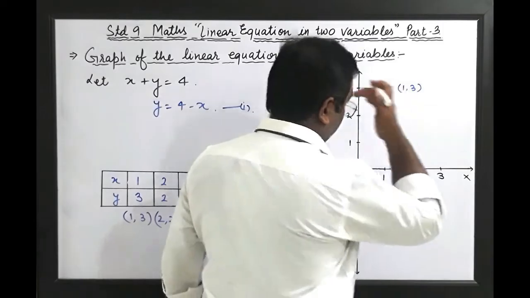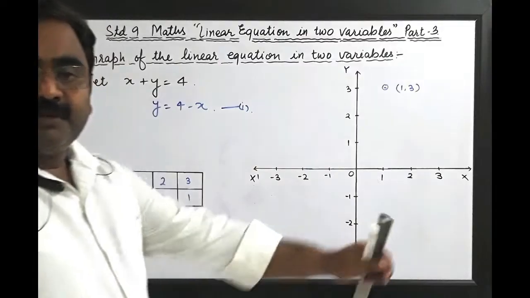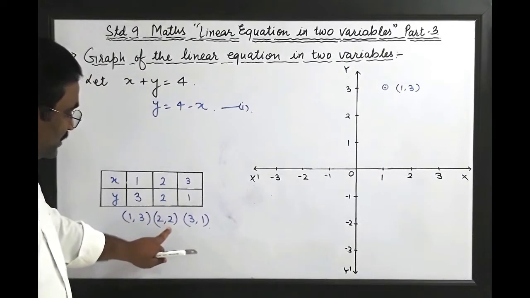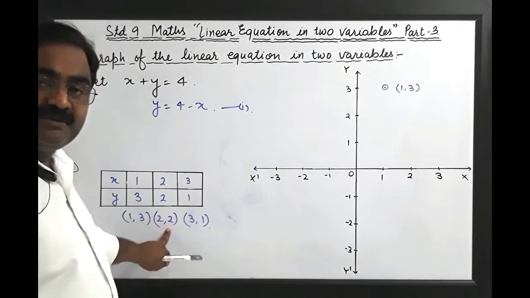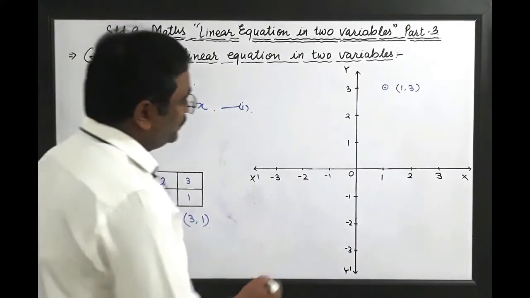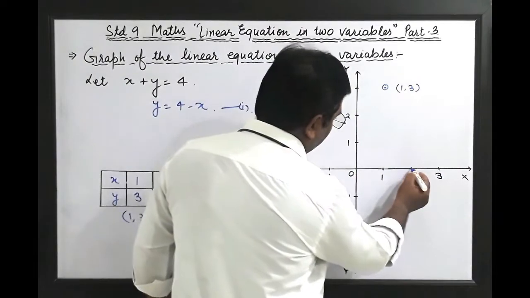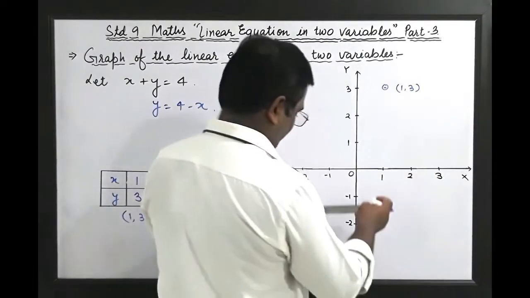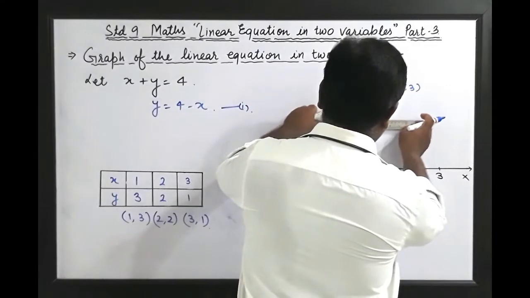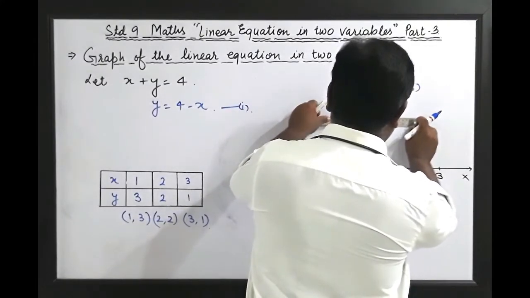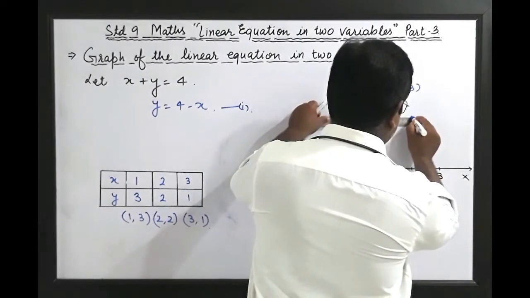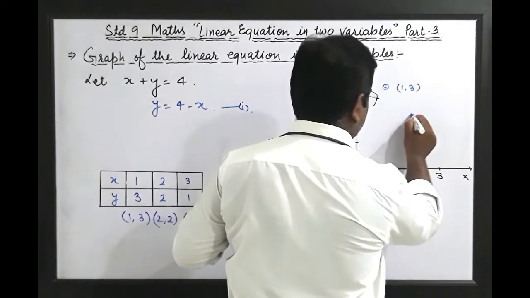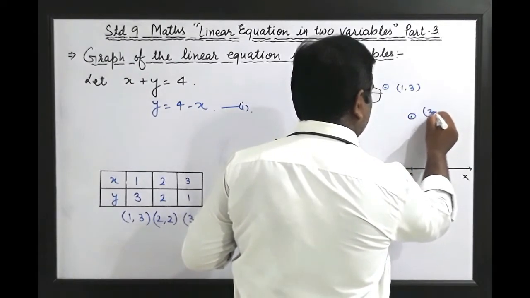Okay children, now we have to plot the second and third point also. The second point whose coordinates are 2 comma 2, so let us plot it. 2 on x axis and 2 on y axis, this will be the point 2 comma 2, the second point.